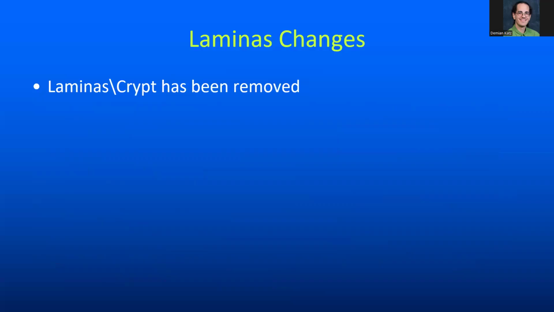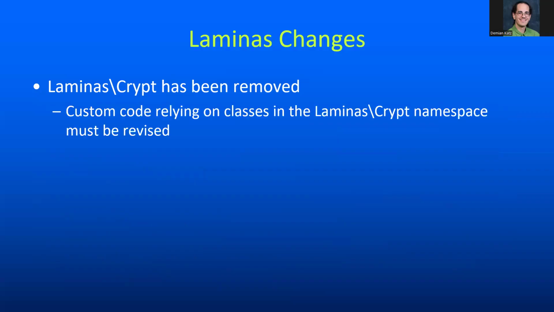Next up, Laminas has removed their cryptography library, Laminas Crypt. So any custom code relying on classes from that library is going to need revision. For internal VuFind code, we were mostly able to replace Laminas Crypt with native PHP functionality.